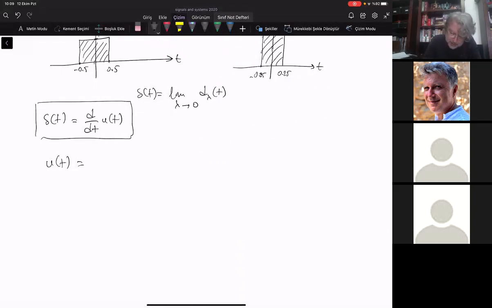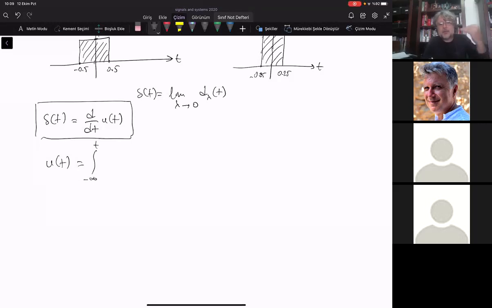So let's now integrate delta t. But we have to be a little bit careful here, because this integration has a limit from minus infinity up to a time instant. So the upper limit of this integral is t.